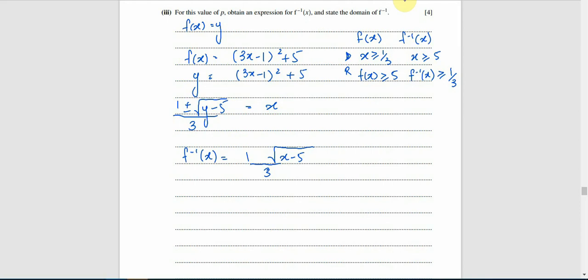The range says it's greater than or equal to 1 upon 3. So I'll have to put a plus sign over here, since f inverse x is going to be our range, and if I put a minus sign here, it will become minus 1 upon 3, which is wrong according to the range given. That's why it's going to be a plus sign.